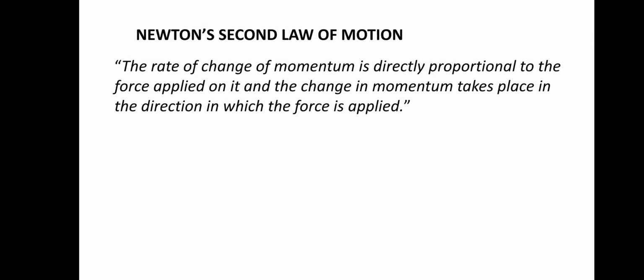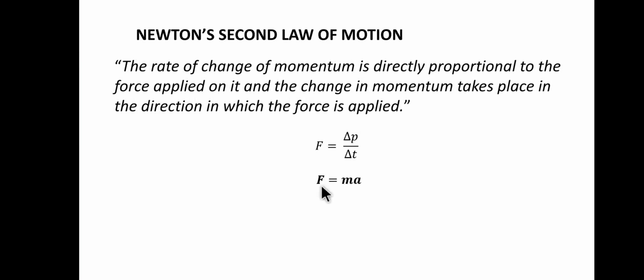Since we are talking about force and rate of change of momentum, from Newton's second law we can say that force is equal to rate of change of momentum, that is del P by del T. Earlier we derived that del P by del T is equal to the product of mass and acceleration.